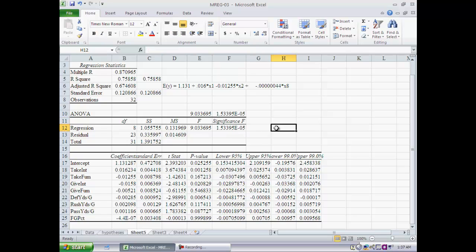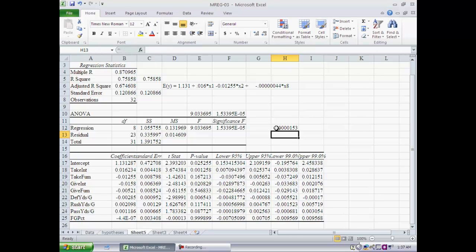So this number, if I write it out, is approximately 0.000015. That's the p-value. That's the probability. Probability of what?